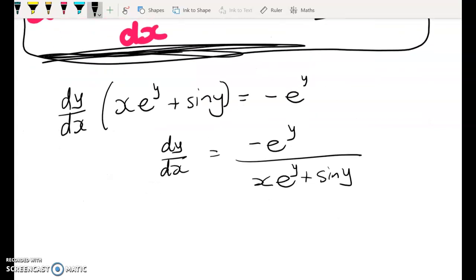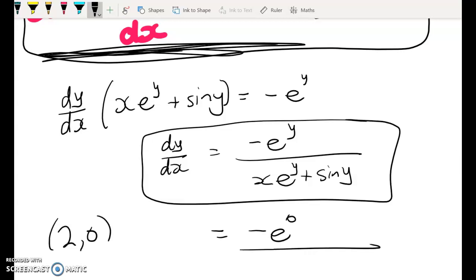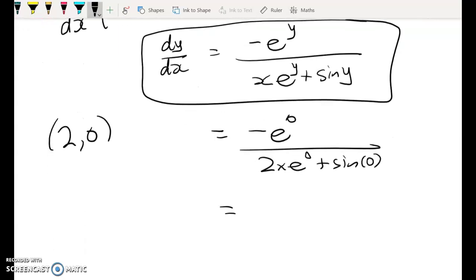But I really don't care about that, because all I'm asked to do is to find the gradient at the point 2, 0. So that equals negative e to the 0 over 2 times e to the 0 plus sine of 0, which gives me negative 1 over 2 plus 0, which is negative 1/2.